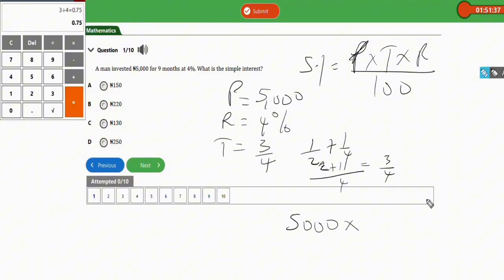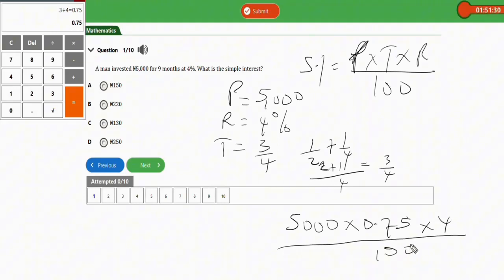So times 0.75 times the rate, which is 4 over 100. Let's punch everything into the calculator. 5,000 times 0.75 times 4, the output is 15,000, divided by 100.